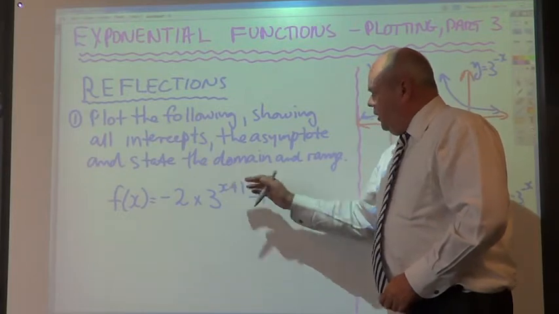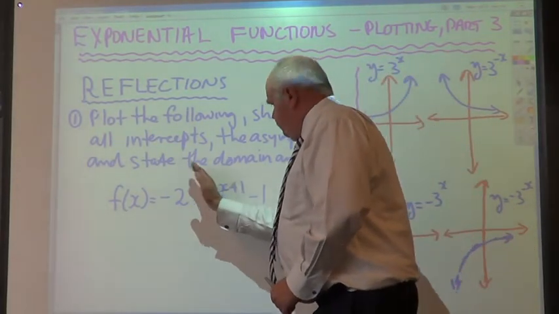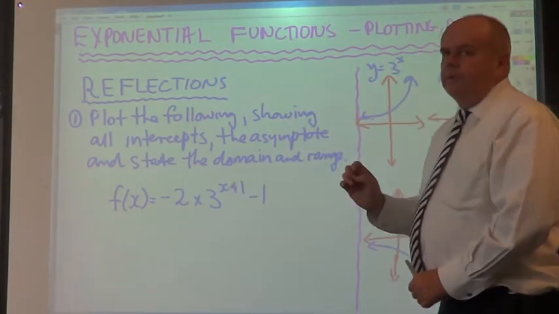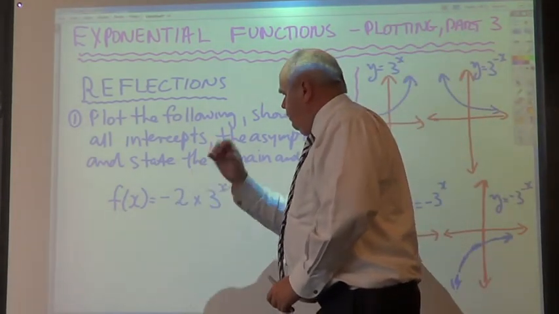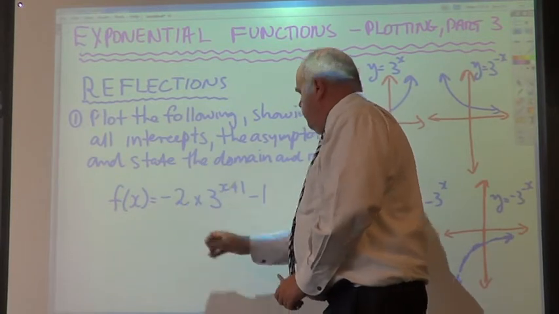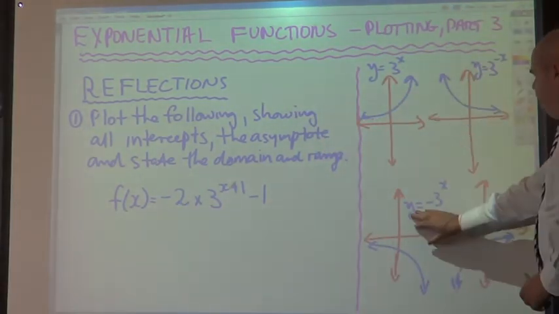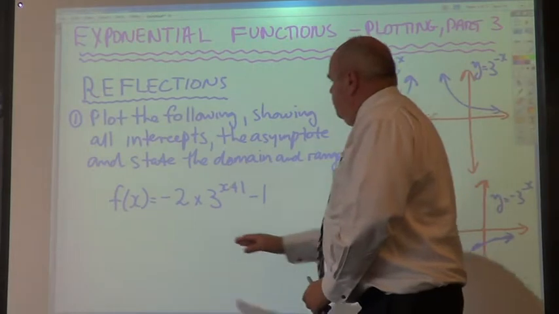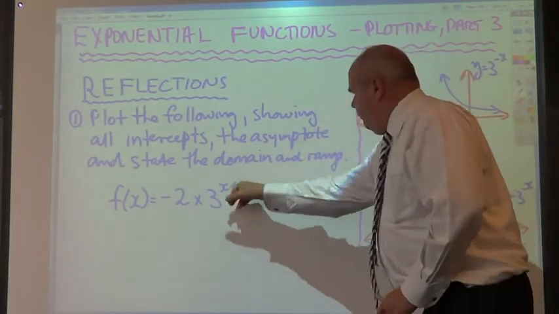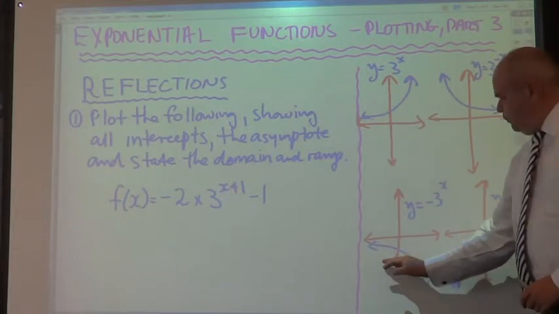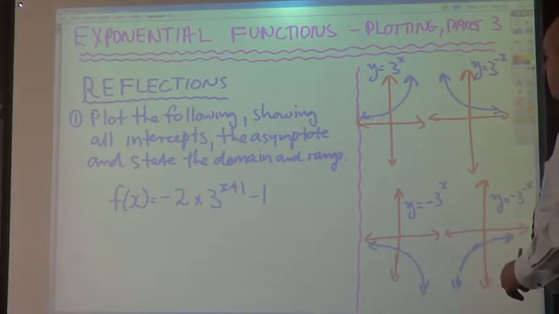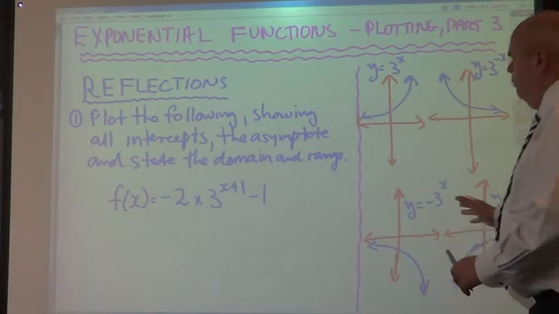The plus 1 there is indicating we're going to shift it to the left by 1 unit, but I'm not focusing too much on that at the moment. The important thing is to sort out in my head which of the 4 shapes I'm interested in. So it's negative there, positive all around there. I'm interested in this basic shape here.